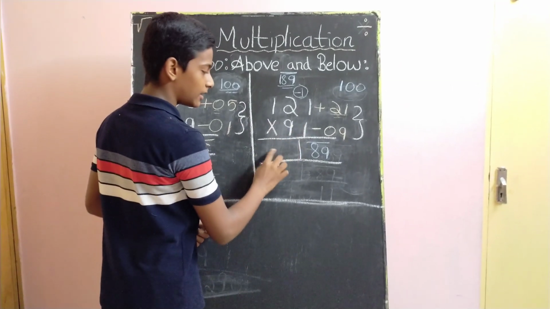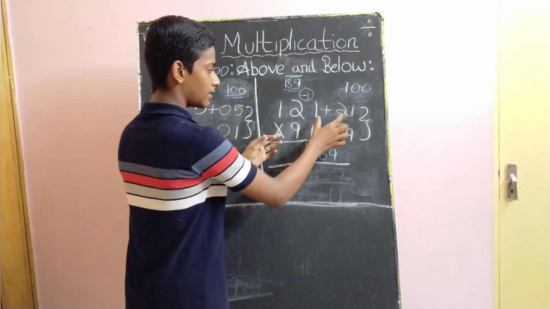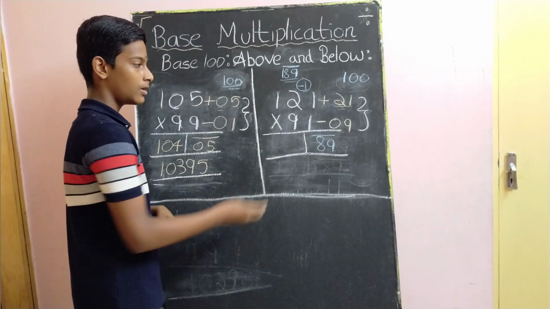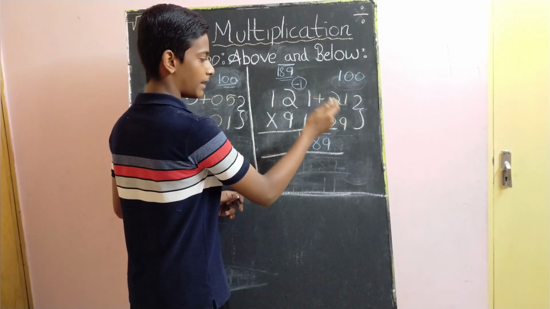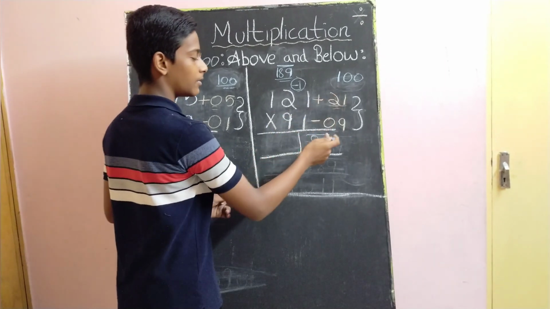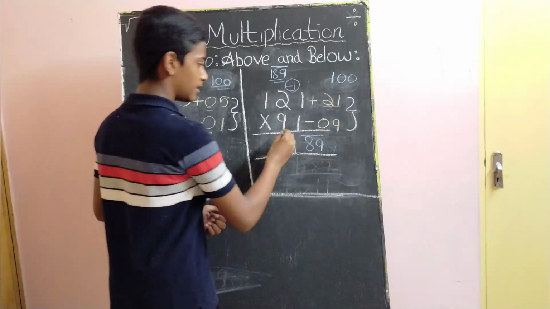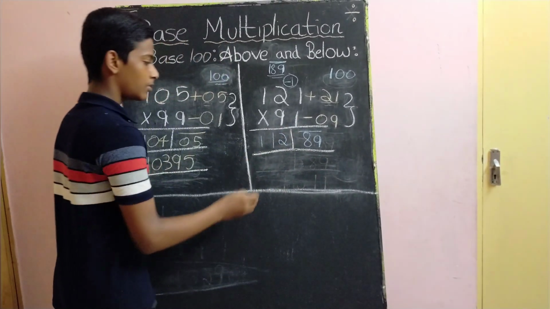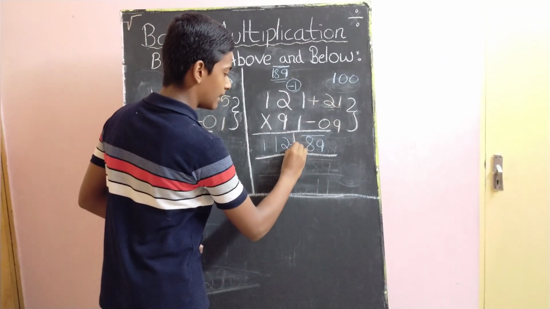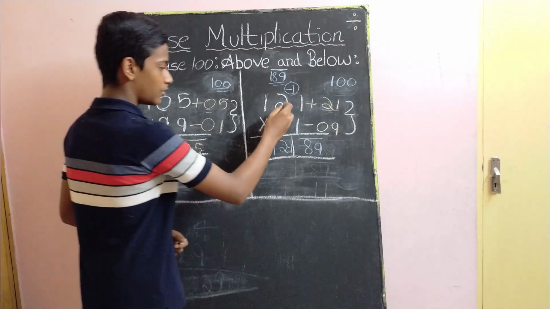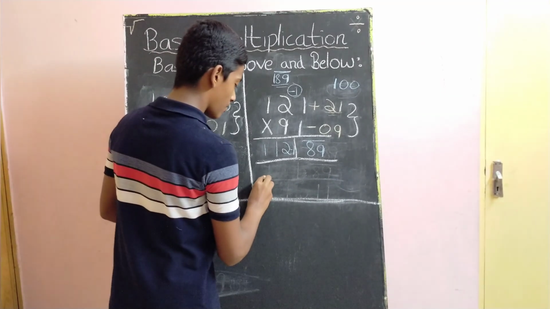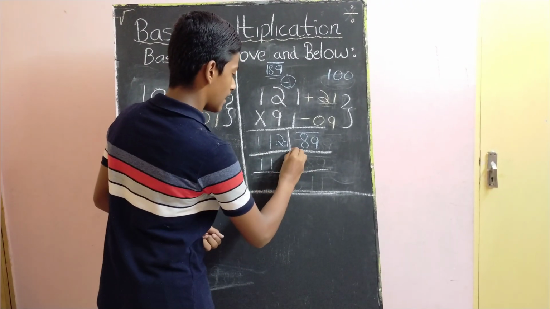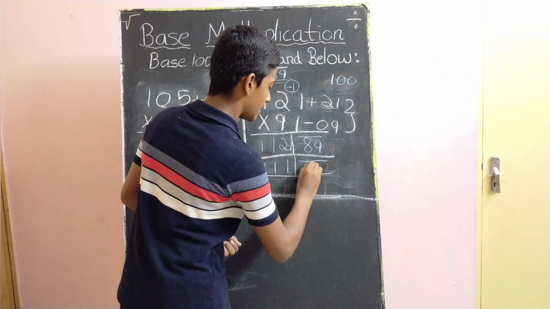So for obtaining this part of the answer, what do we do? We first add this number with this number or subtract this number from this number. As we do so, we get 121 minus 09 or 91 plus 21 gives us the same number, that is 112, and it's minus 1 as there is a carryover. So as we do so, we get 111 and minus 89.